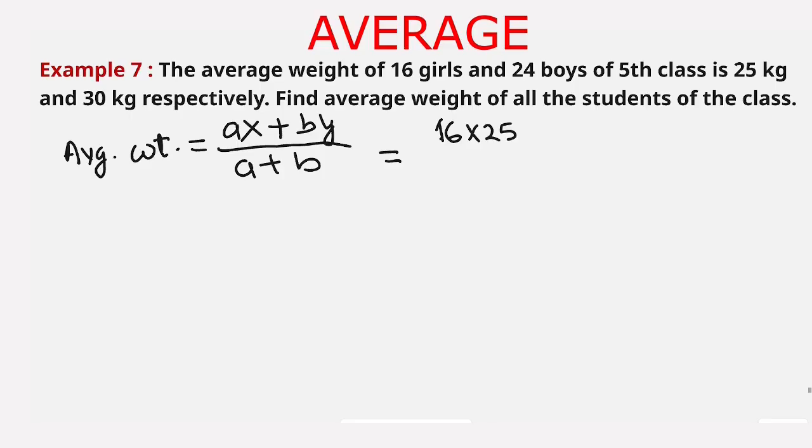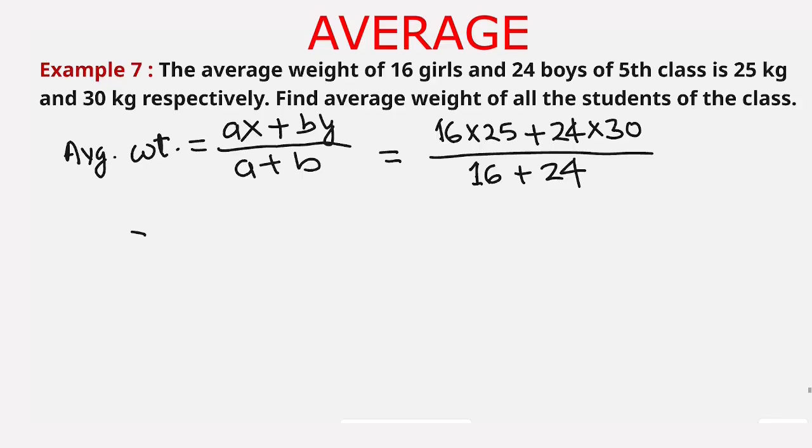So it is 16 multiplied by 25 plus there are 24 boys, so it is 24 multiplied by 30, because 30 is their average weight, divided by 16 plus 24. It is the total number of students, 16 girls and 24 boys.